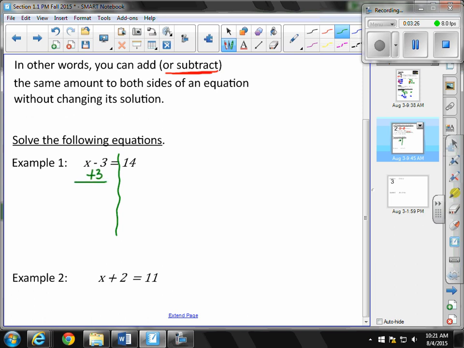I'm going to add 3. And whatever I do on the left, I have to do the same thing on the right because I want to keep them equal. Negative 3 plus 3 is 0. So what I have now, x plus 0 is x, equals 14 plus 3, or 17. And there's the solution to my equation, x equals 17.